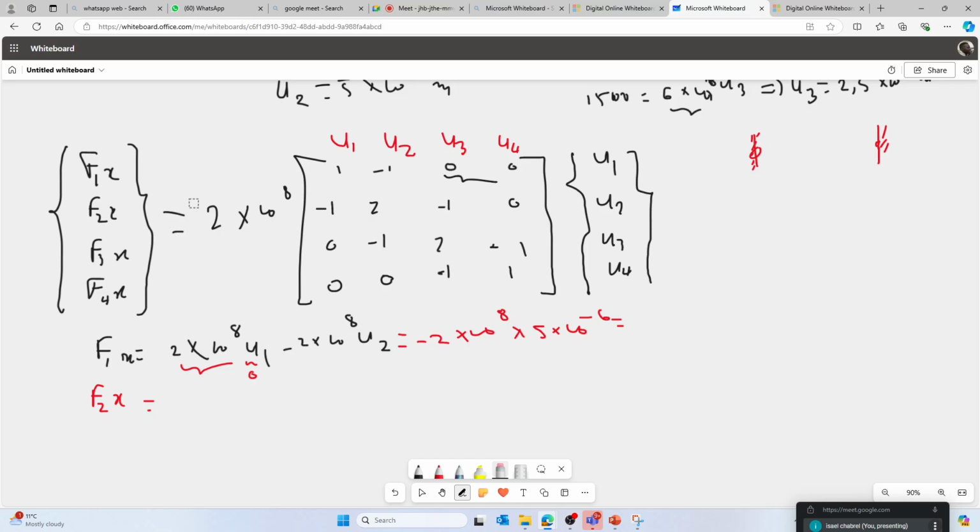When you come to the second one, you do have u2, but what is happening? 2 times 2 gives 4. You have 4, 10 to 8 multiplied by u2. Okay, u3, do you have u3 here? Remember, this is minus 1 times this, gives minus 2, 10 to 8 multiplied by u3.